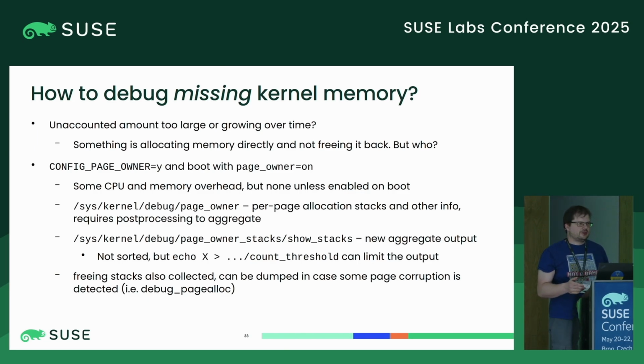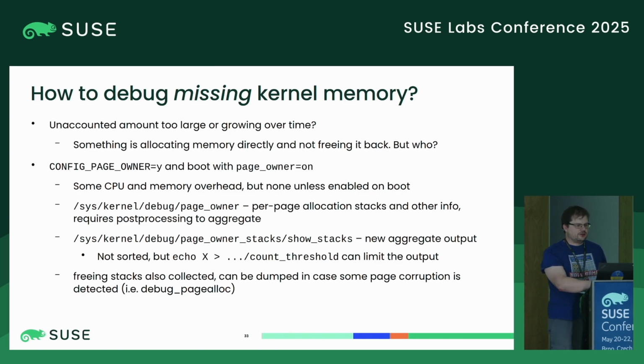But the kernels we ship have this support configured in. It's called page_owner, and it only takes the boot parameter page_owner=on, which means this will become active. It will have that overhead, but if you are debugging, you are hopefully prepared to pay it.